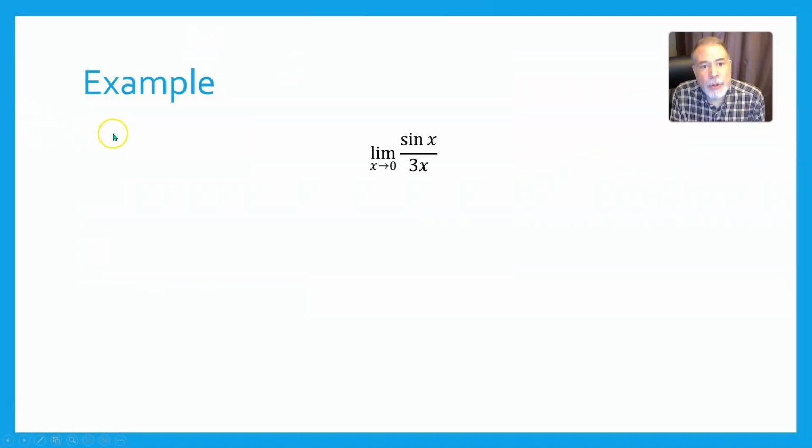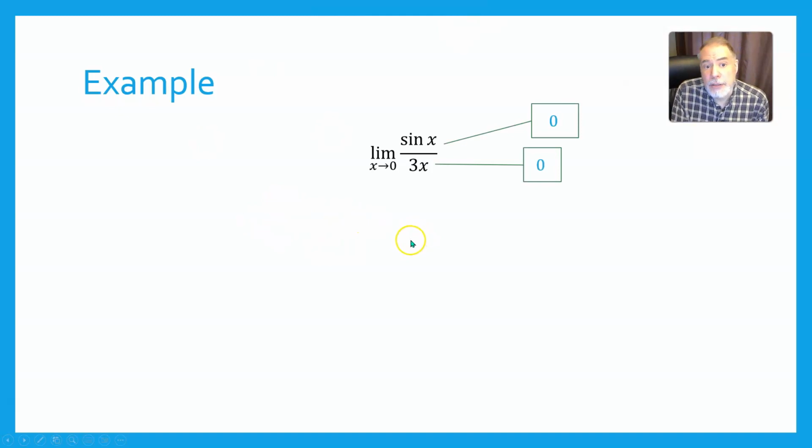Like, for example, the limit as x approaches 0 of the sine of x over 3x. That's almost the same as sine x over x. It's just got an extra 3 down there. But we can think of that as, well, notice that the numerator and denominator both approach 0. But we can think of it as 1 over 3 times sine of x over x.